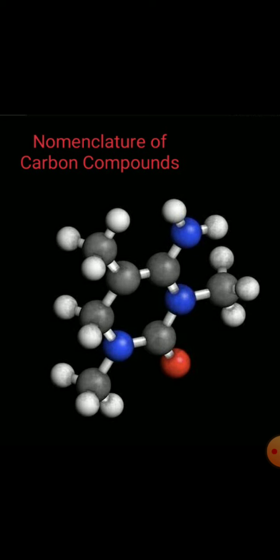For example, a 3 carbon chain with a ketone group would be named in the following manner. Propane, from that we remove E, then it becomes prop plus one, that is propanone.